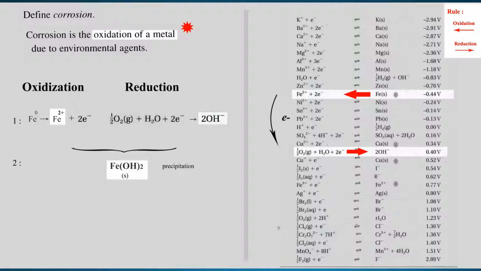Precipitation, rust. And this rust can further rust. And this is the equation. But students, please pay attention to the number 2, iron hydroxide. That will be enough for your HSC.